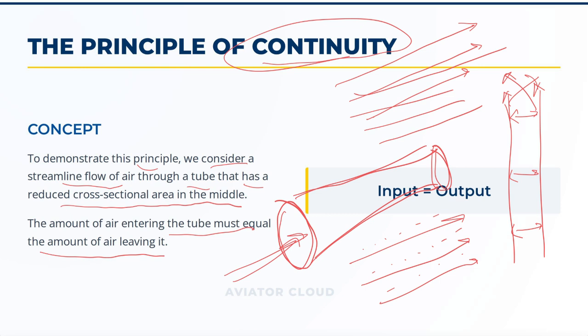This is the basis of the whole principle. Let's say 10 kg of air is entering the tube. The same amount of air has to leave, so 10 kg has to get out also. This is the principle. Now what happens in between, we will discuss.